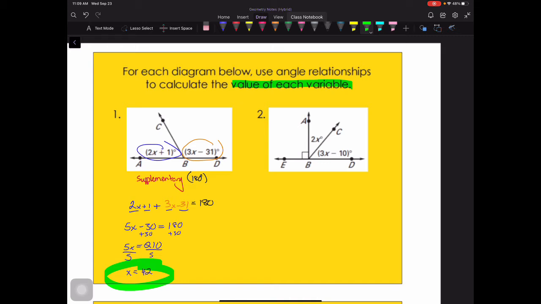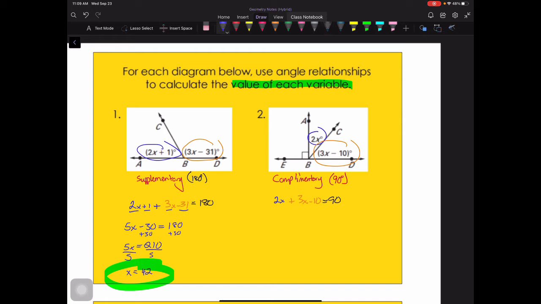Next problem. Now it looks like we have complementary angles, which means they add up to 90 degrees. So we can say that 2x, this angle here, plus 3x minus 10 equals 90 degrees.